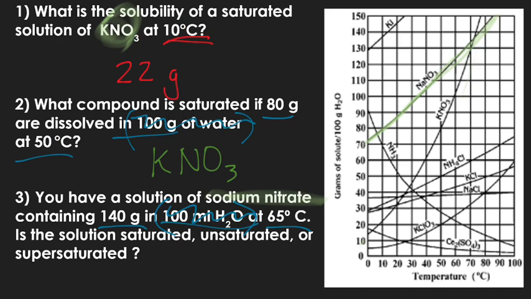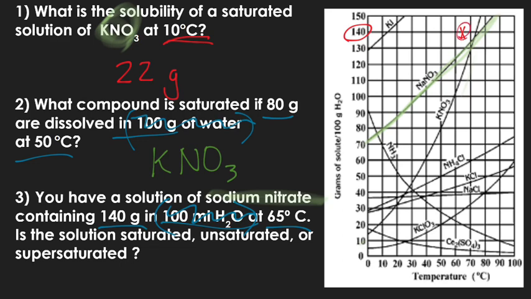And let's go ahead and find that 140 grams, and 65 is going to be right here between the 60 and the 70. And if we follow those up to where they meet, and we'll put an X there, we need to basically ask ourselves, it's asking us, are we saturated, unsaturated, or supersaturated?